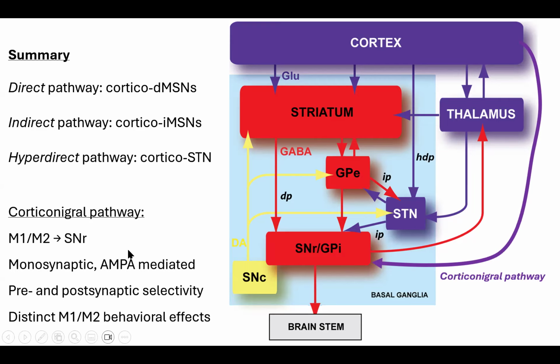It's monosynaptic, AMPA-mediated, has selectivity in terms of the cortical regions and the cell types in the SNR, and seems to have very differentiated functional responsibilities, at least that's what we saw comparing M1 and M2.